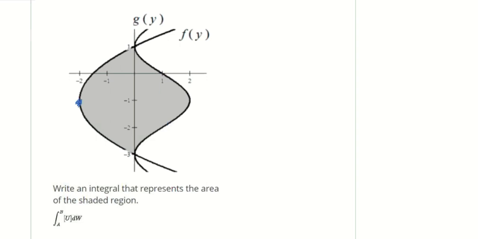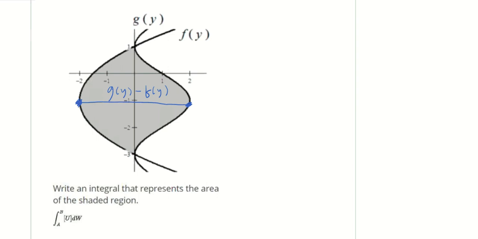So in order to write it as just one integral, I'm going to go sideways, because in this case, g of y is always going to be on the right, and f of y is always going to be on the left. So right minus left is going to be g of y minus f of y. Since our representative rectangle sits horizontally, it's going to move up and down the y-axis.